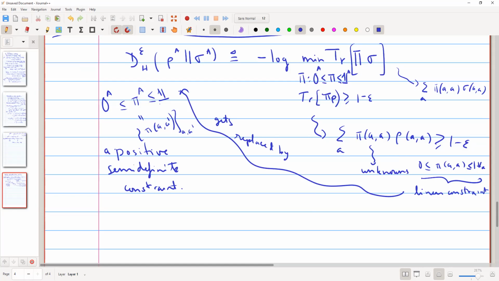So the definition of D epsilon H, the hypothesis testing relative entropy, is in terms of a semi-definite program. Okay, so semi-definite programs are the next best thing that could happen after linear programs. So that's why I'm just taking the trouble of pointing this out. Okay. Is the definition clear?